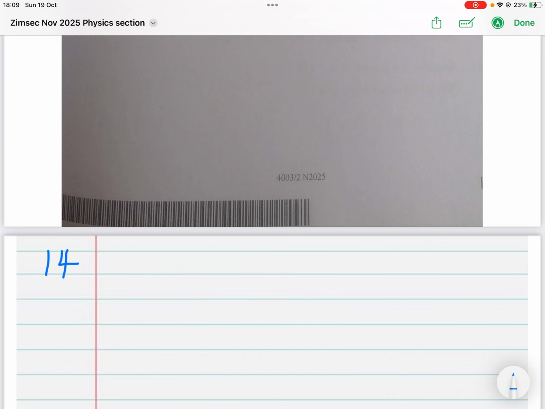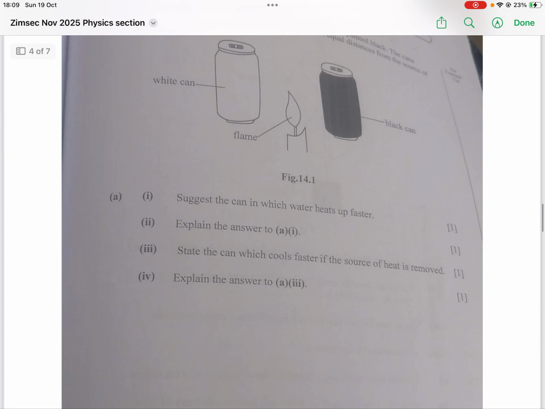So on number 14, A part 1, we are going to write black. The question is saying, suggest the cane in which water heats up faster, so it is the black cane.